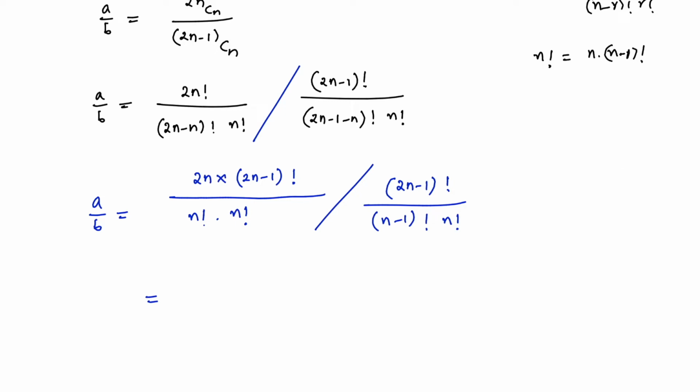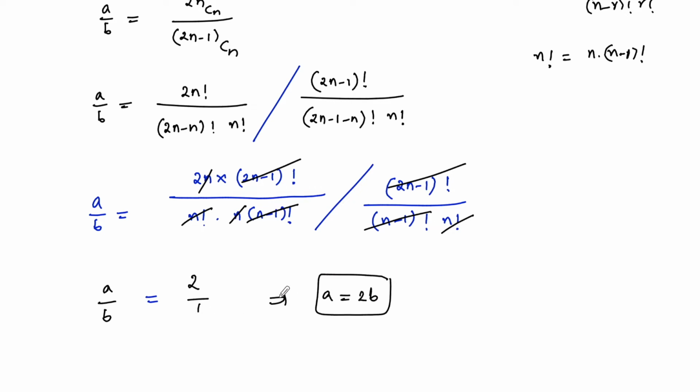We can cancel (2n-1)!, and let us write n! as n (n-1)!, so that we can cancel (n-1)!, and also n! gets cancelled. So finally a/b, n and n get cancelled, so only 2 upon 1, or we can write a = 2b. Therefore the relation between a and b is a = 2b.